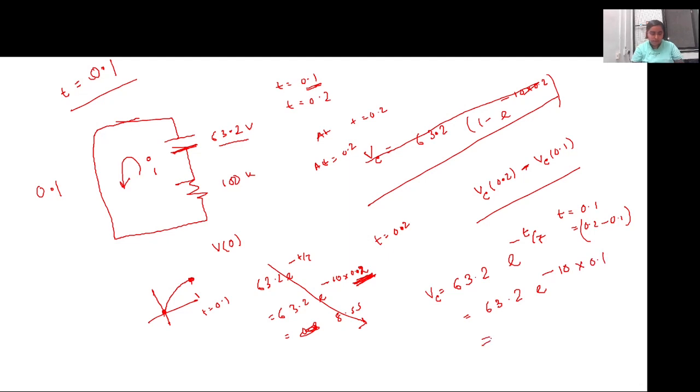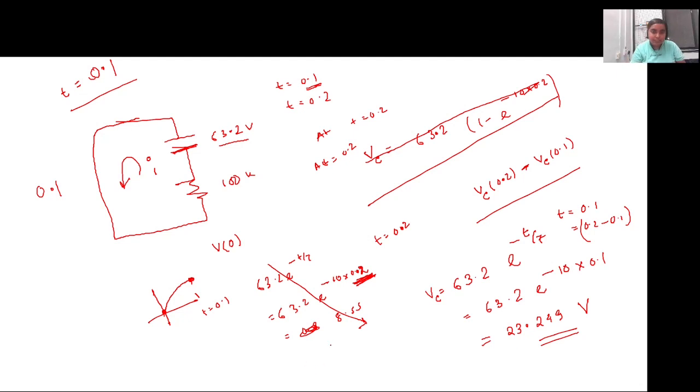So let's calculate 63.2 into e to the power minus 1, right? This comes out to be 23.249 volt. Is this fine? So that's how this is an initial voltage now.